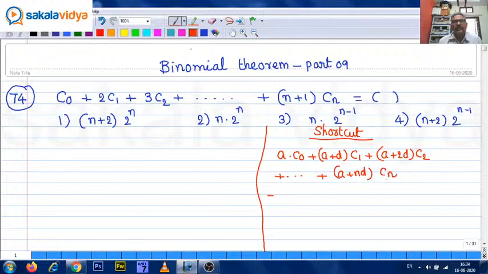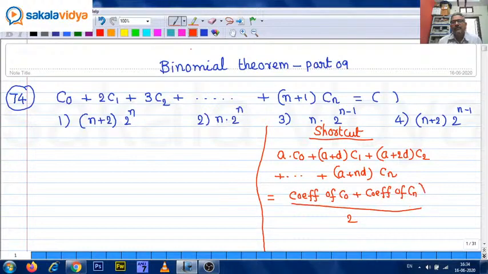This is equal to coefficient of C naught plus coefficient of Cn upon 2, multiplied with 2 to the power of n. This is the shortcut you can apply.